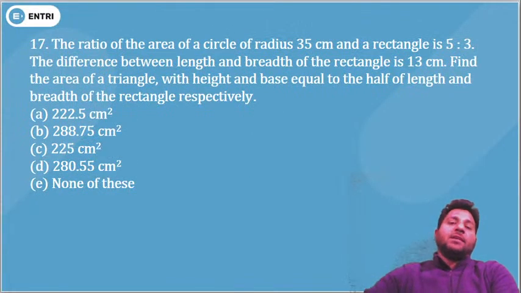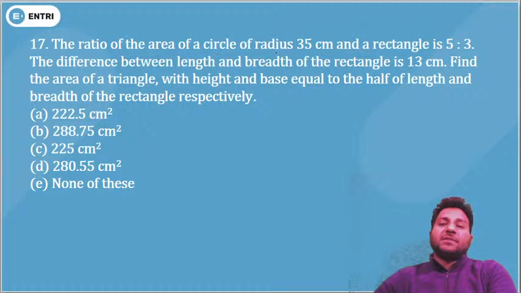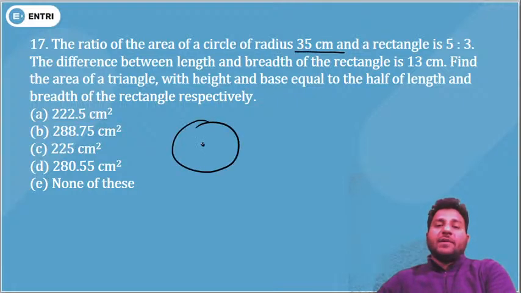Next. The ratio of the area of a circle of radius 35. Radius is 35. And a rectangle, look, the ratio of area of circle and a rectangle is, so area of circle is 5 and the rectangle is 3.